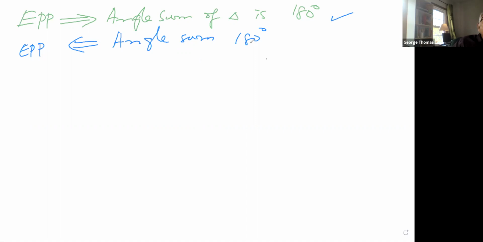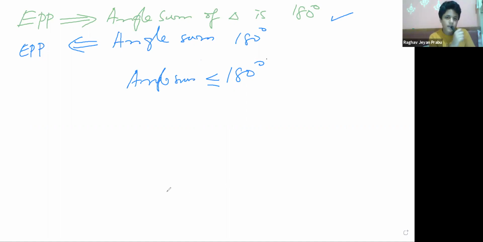So we can ask, if you take a triangle in Euclidean geometry, can you prove it in neutral geometry? Because in neutral geometry, you can have a triangle with angle sum 180. Why? Because it only says less than or equal to, isn't it?